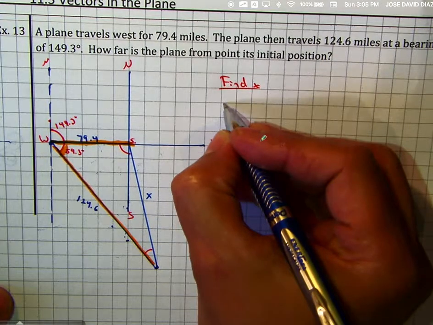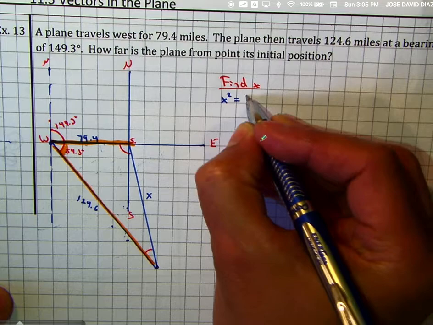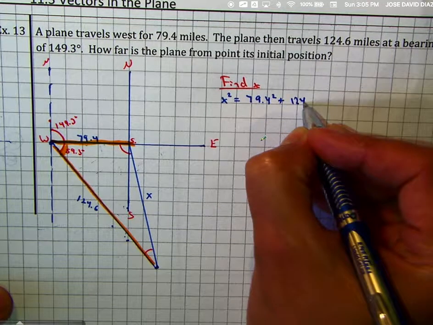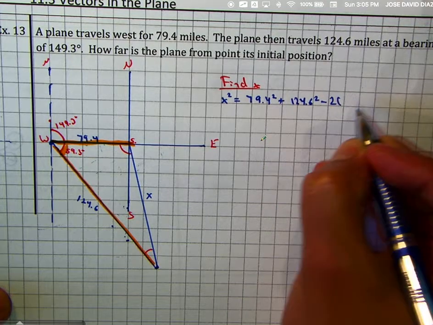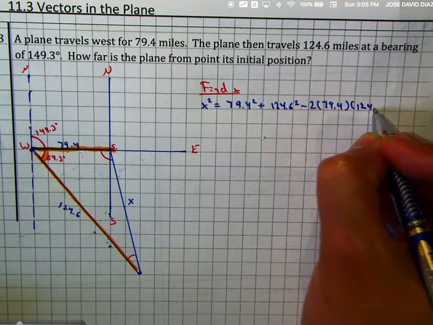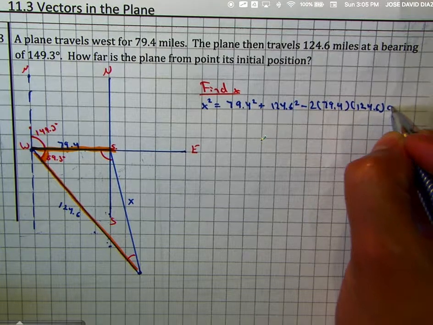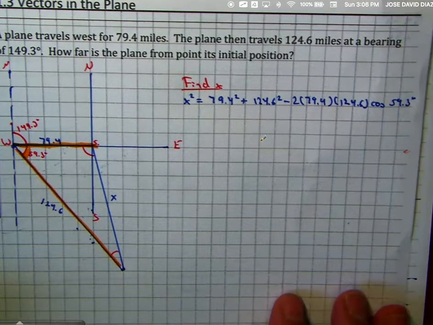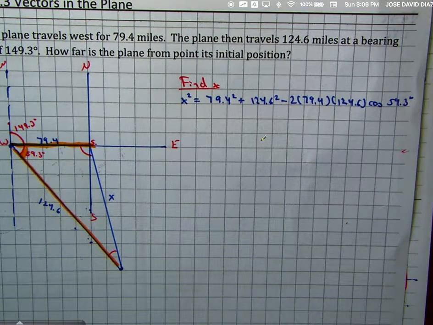So therefore, x squared is equal to one side squared plus the other side squared, minus 2, the sides repeat, times the cosine of the angle in between, which is 59.3 degrees. And we're going to type into the calculator.